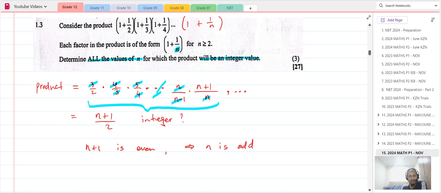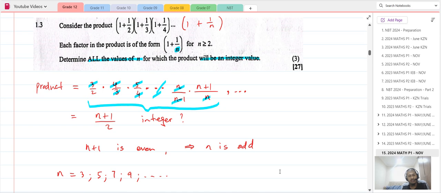So if n is equal to 3, 3 plus 1 divided by 2 will give me an integer. So if n is equal to 3, 5, 7, 9, and so on. So these are all the values of n for which the product will be an integer value.